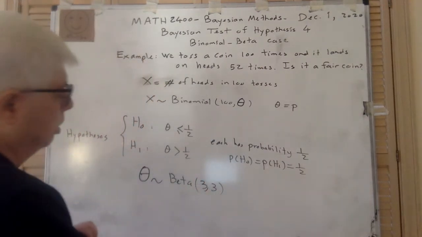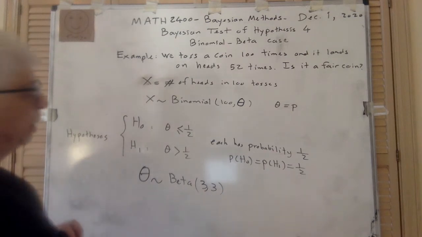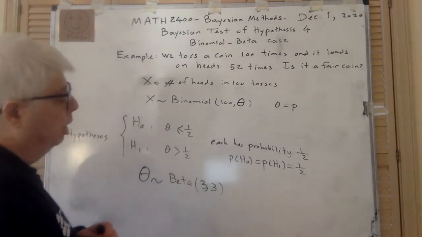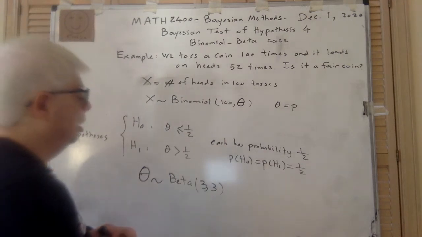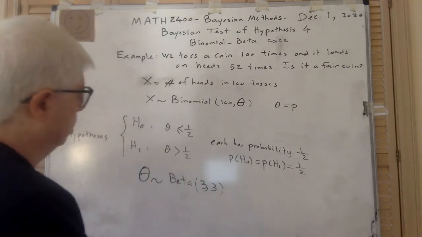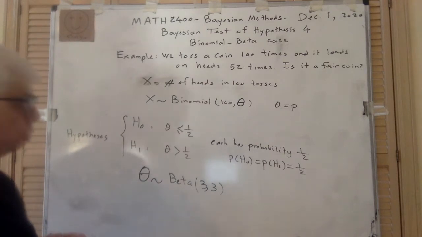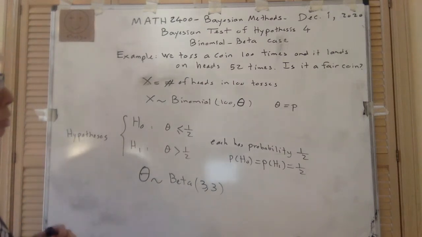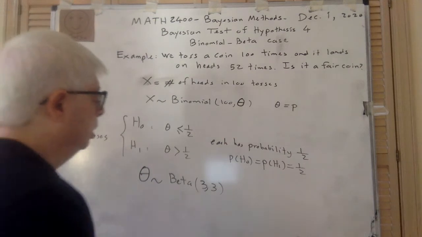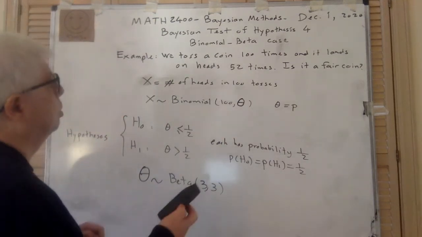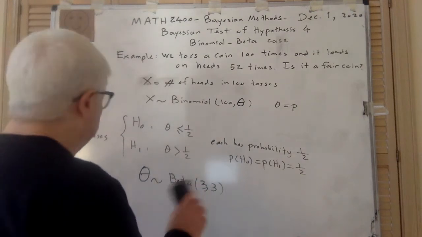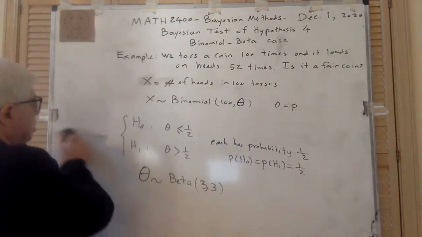The beta distribution, beta is alpha beta. These are the two parameters for beta distribution, and beta distribution is between 0 and 1, so its support is 0, 1, which means that it looks like this. So this is the premise. Now let me erase this.